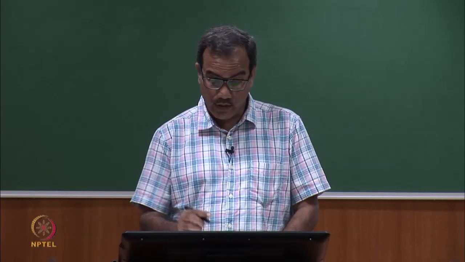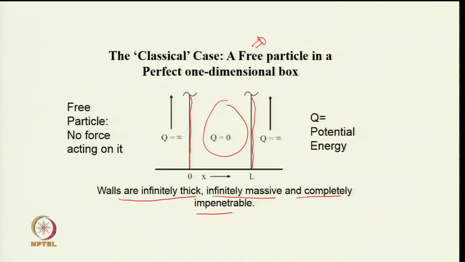Now, I told you it is a free particle. What I mean by free particle is that there is no force acting on it. When there is no force, it means potential energy is 0 here.